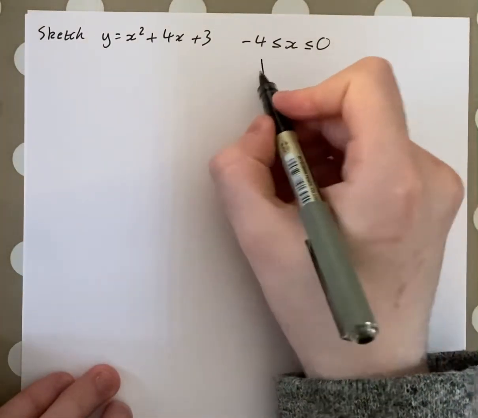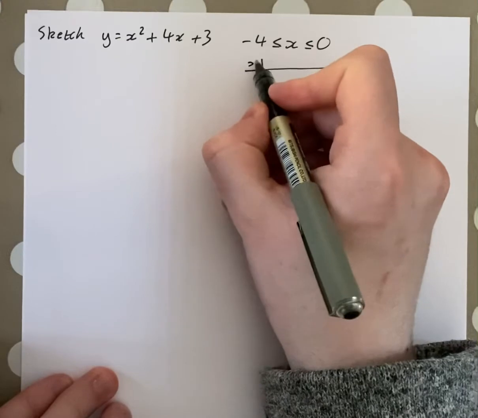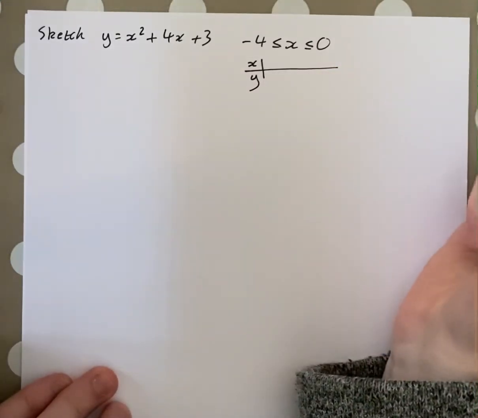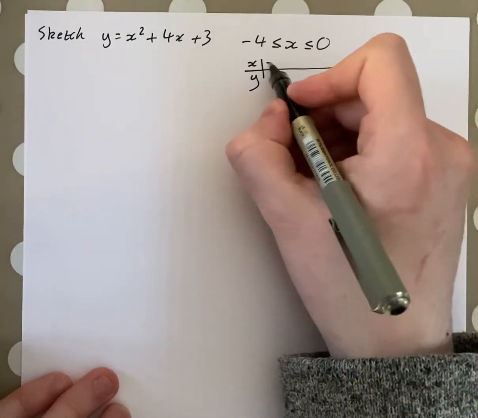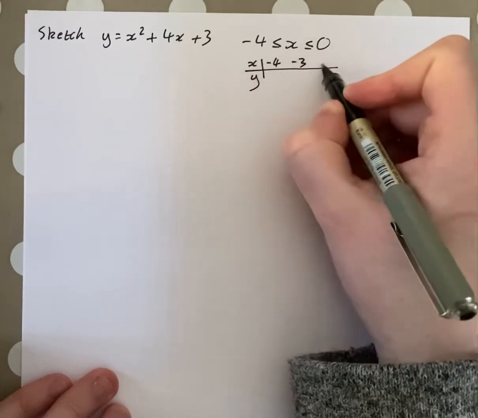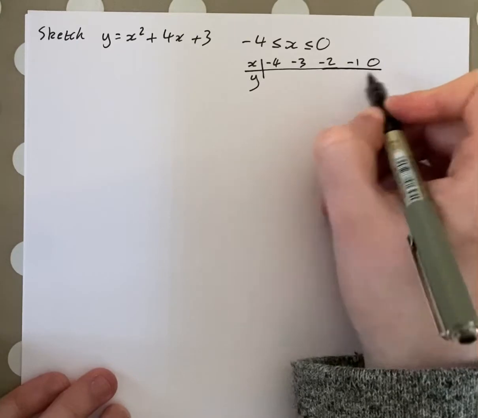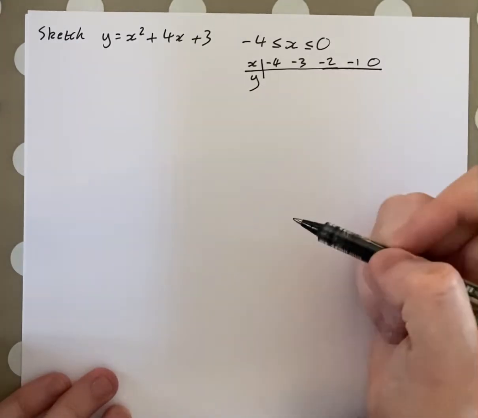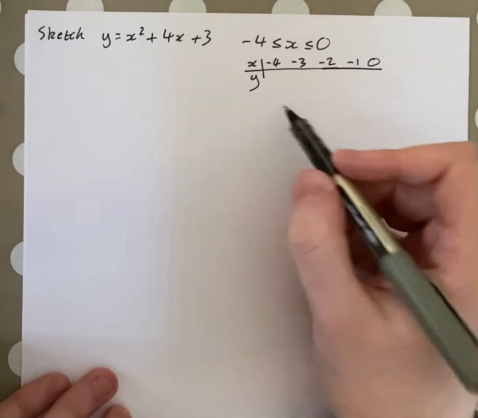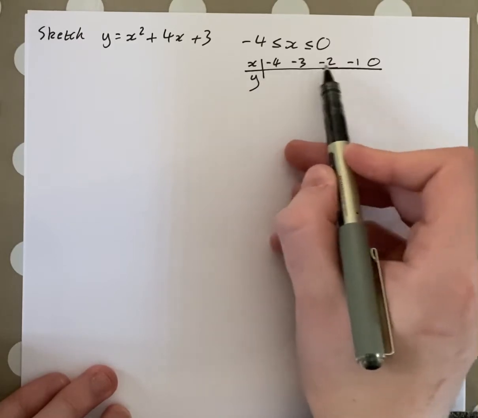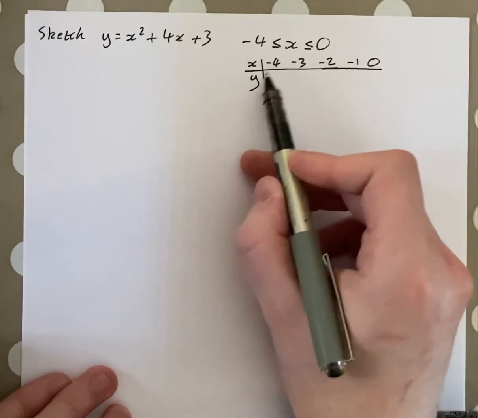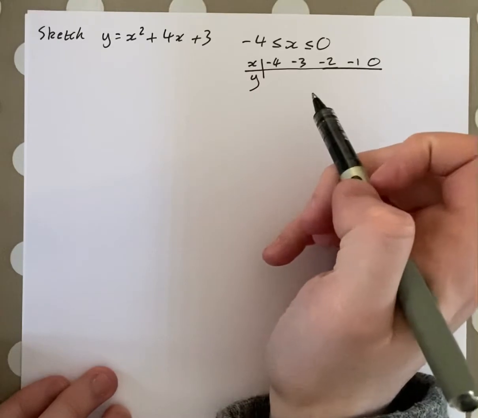Okay, so like we did before, we're going to have our x and our y. And x is going to be negative 4, negative 3, negative 2, negative 1, 0. Y we're going to figure out just now. What we're going to do is take each of these x numbers one at a time and substitute them into this function here.